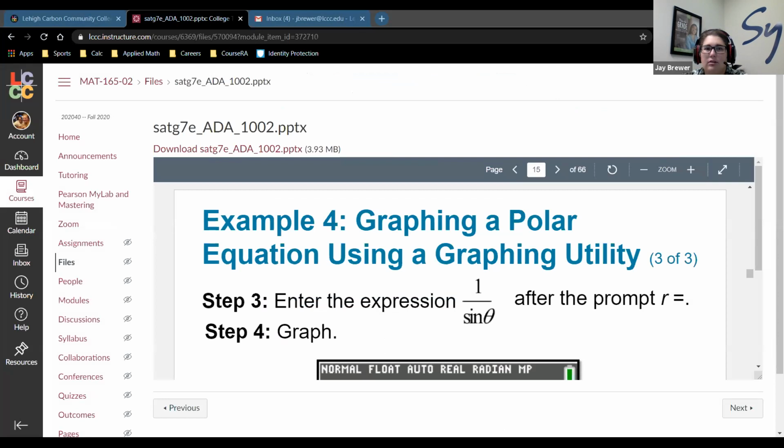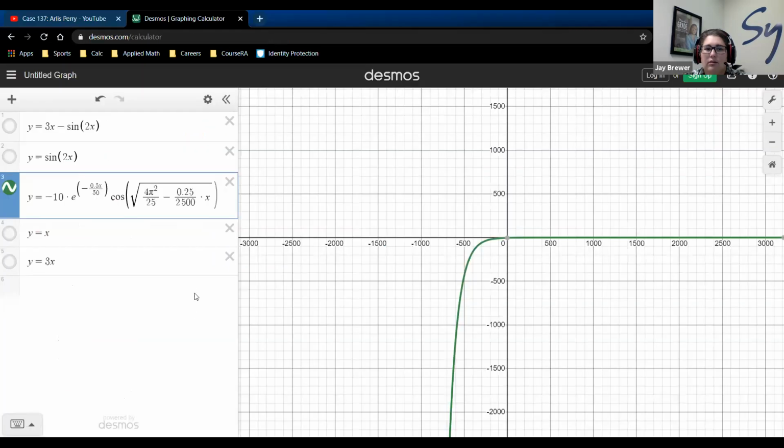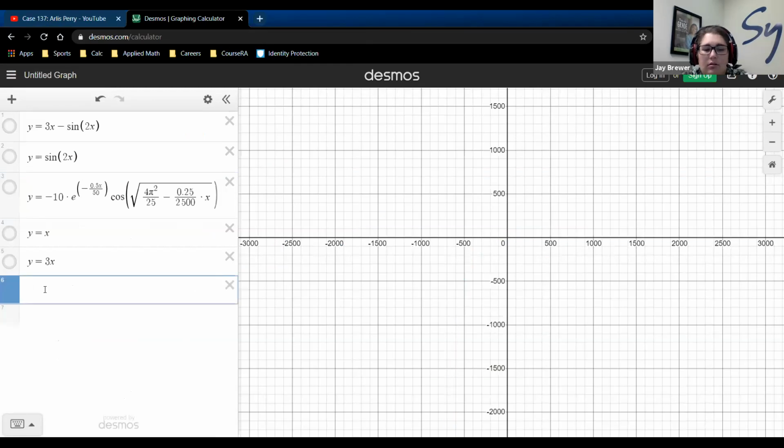So let me share that screen. Okay, so you can ignore what's on here for right now. Let's add a new one. r equals 1 over sine theta.